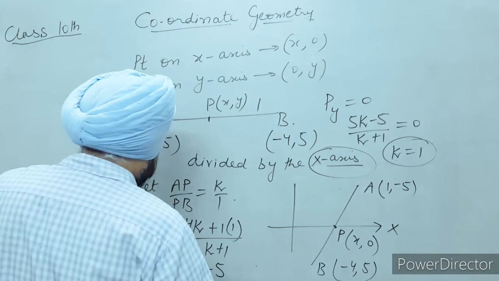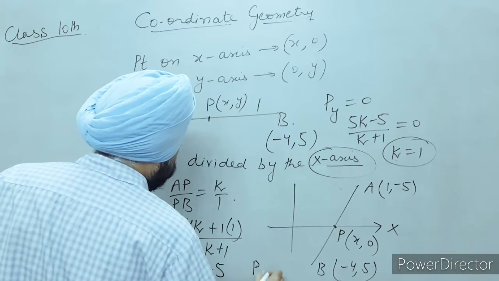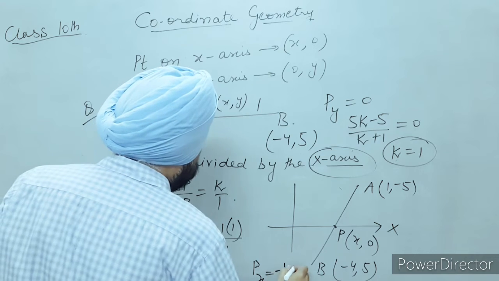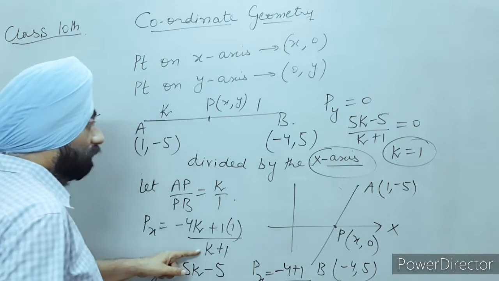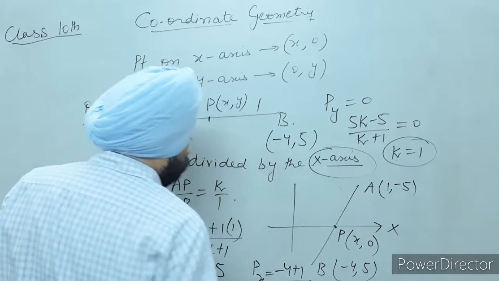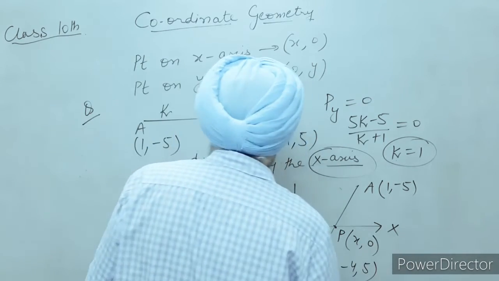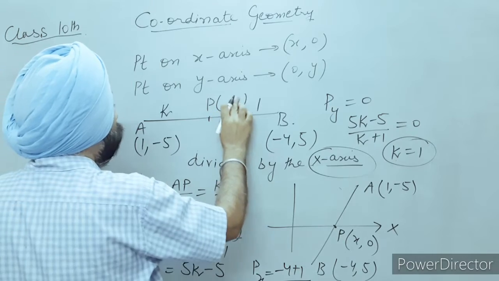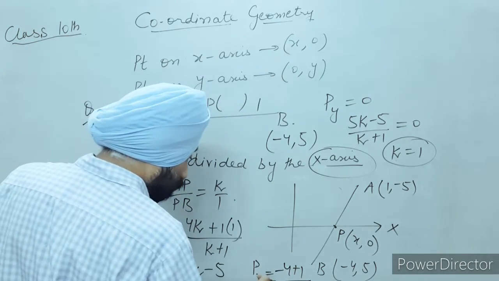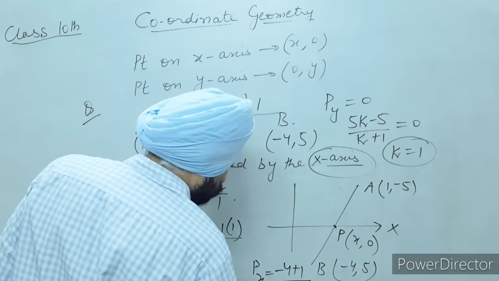Just substitute the value over here. That is P of x equals minus 4 into 1 plus 1, and the denominator is 1 plus 1, 2.